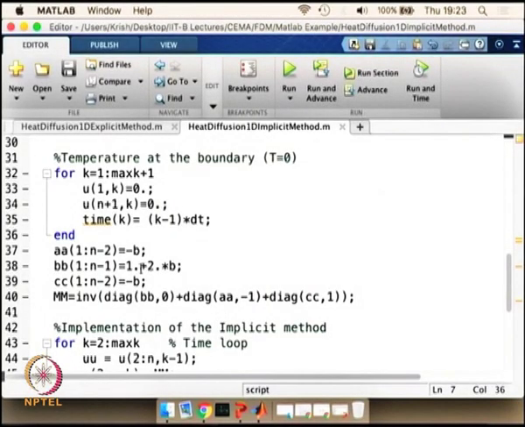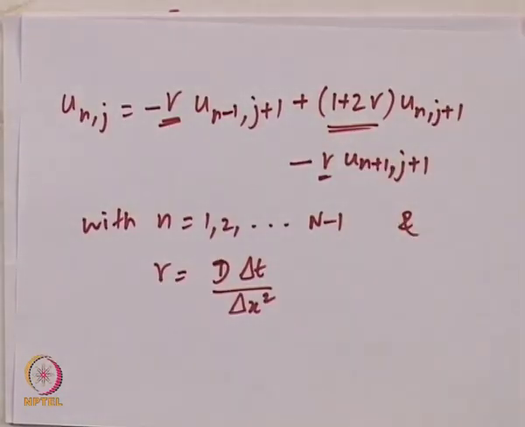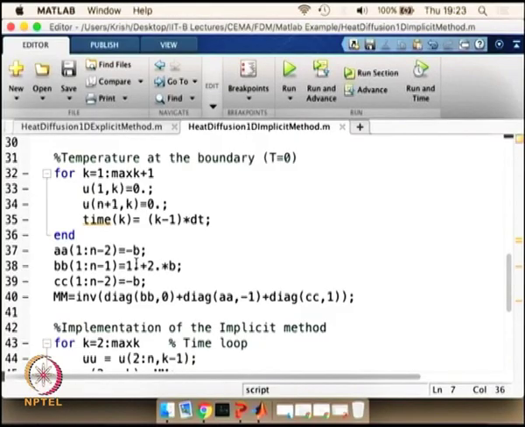The other value is 1 plus 2 times R, which you have here as well, and then the third value is the minus R value, which is the minus B value in the code. I have kept it as minus B because in the explicit formulation we also use minus B, so you can make the comparison easier here.